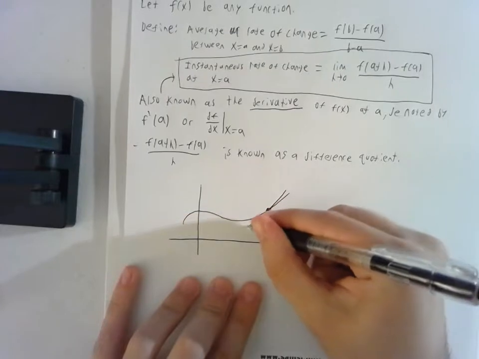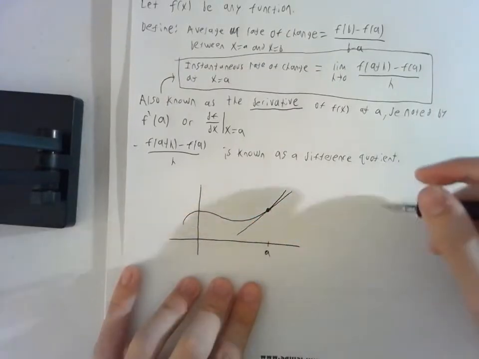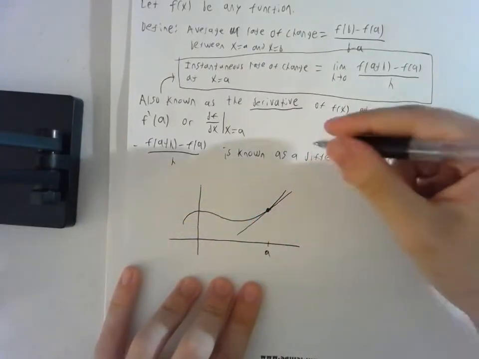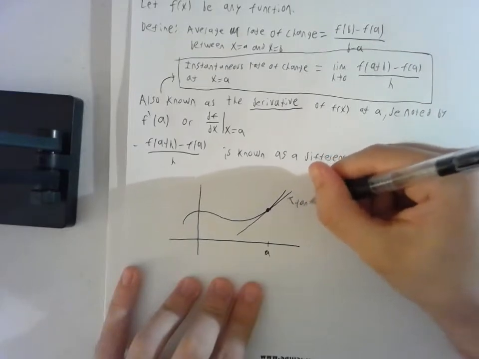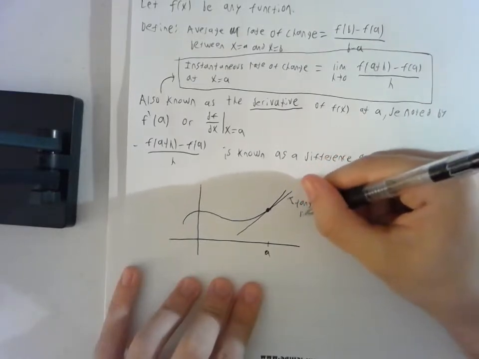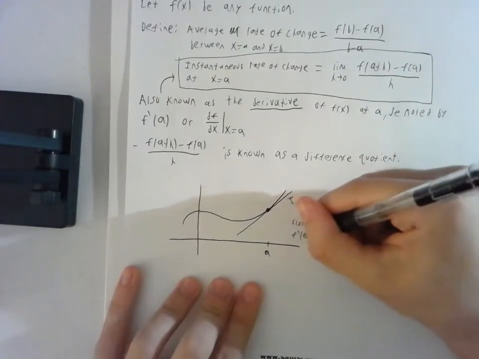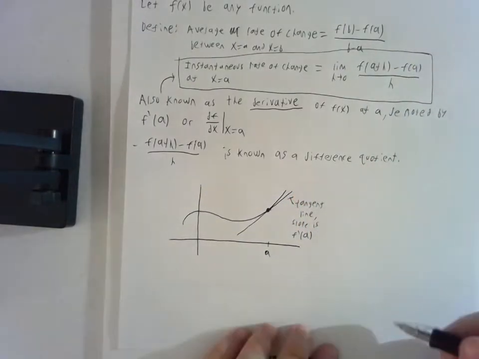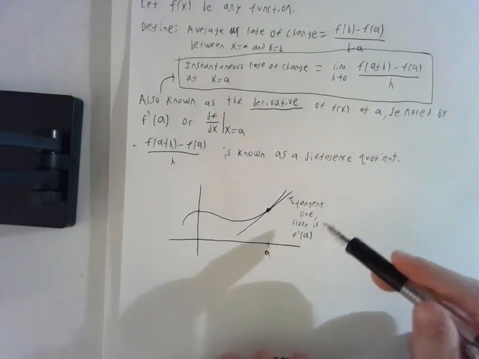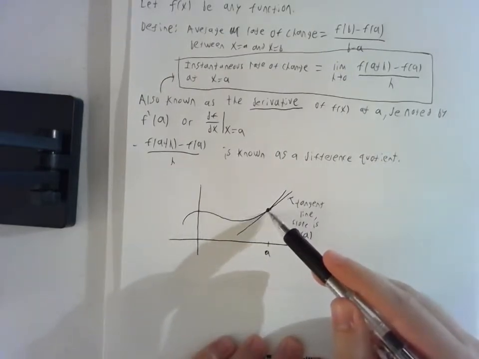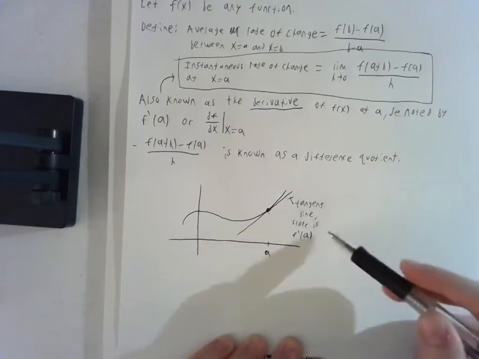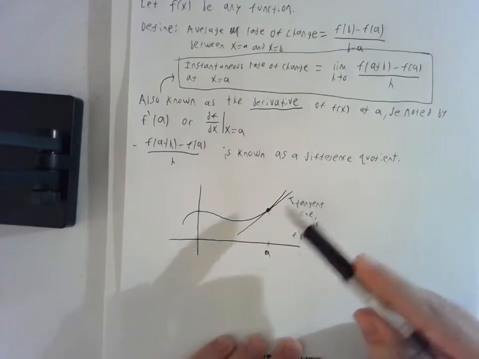And we call this line the tangent line, as before, and its slope is f prime of a. So once we know the slope, we also know there's one point on the line where it touches the function, so we can use this information to actually figure out what the equation for this tangent line is if we wanted to.